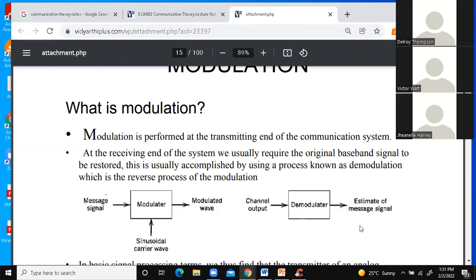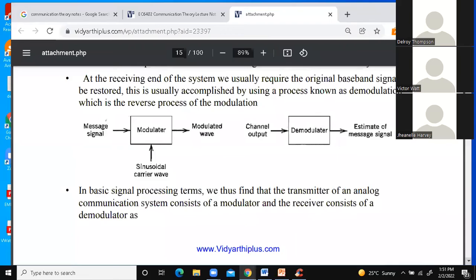You with me so far? Yes, sir. So the transmitter of an analog communication system consists of a modulator and the receiver consists of a demodulator.